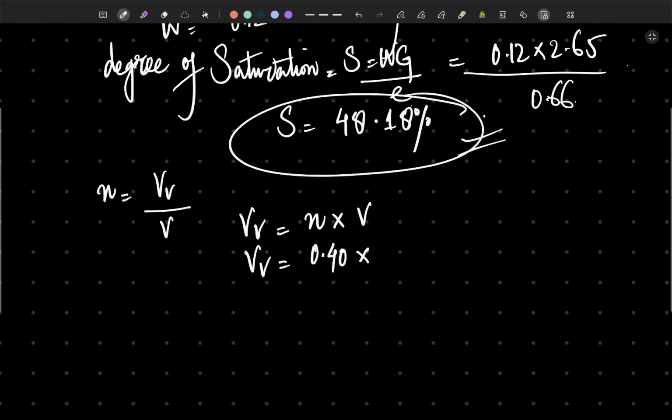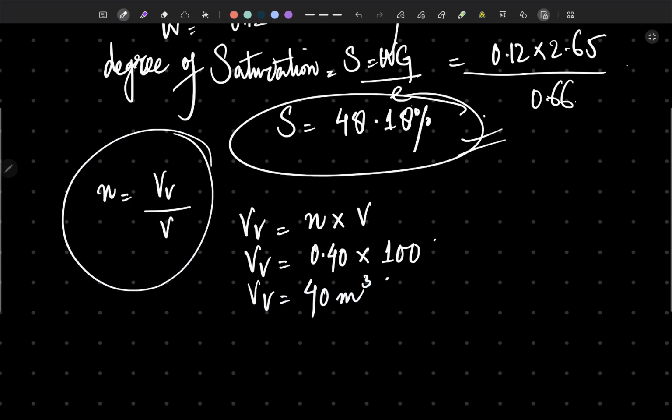So the volume is 100 cubic meters. So volume of voids is 40 cubic meters. Since porosity is a ratio between volume of voids and the total volume, we used the expression and found the volume of voids because total volume and the porosity were given.